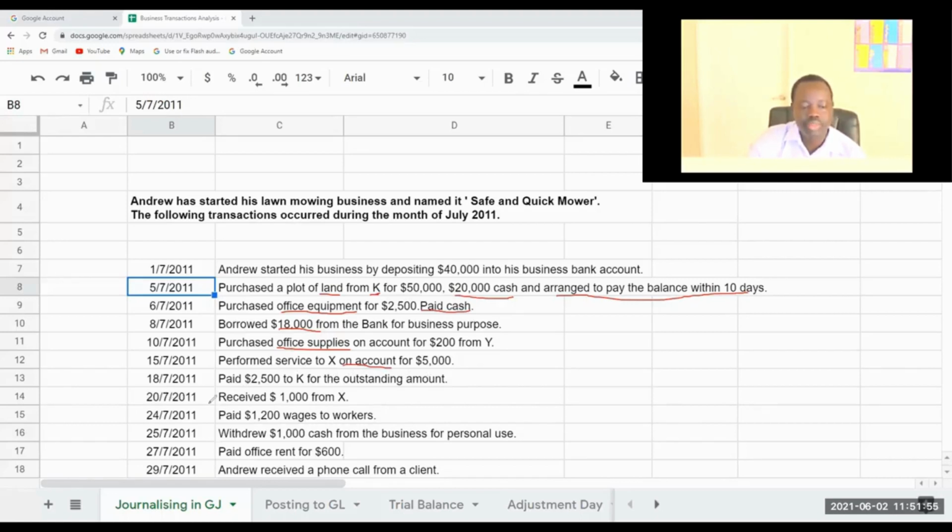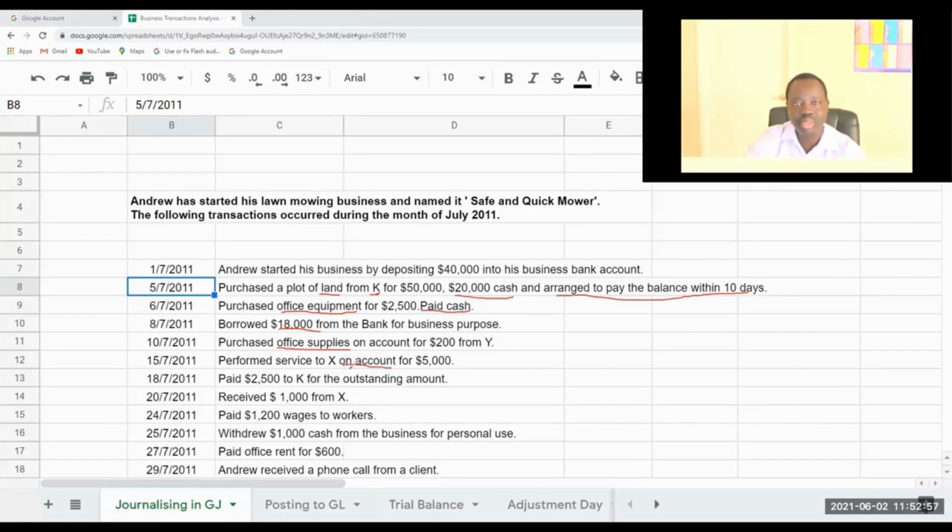On the 20th of July, received 1,000 from X. So this X is the same client that Safe and Quick Mower provides services to. This is receiving cash from the previous customer, which we recorded on the 15th.